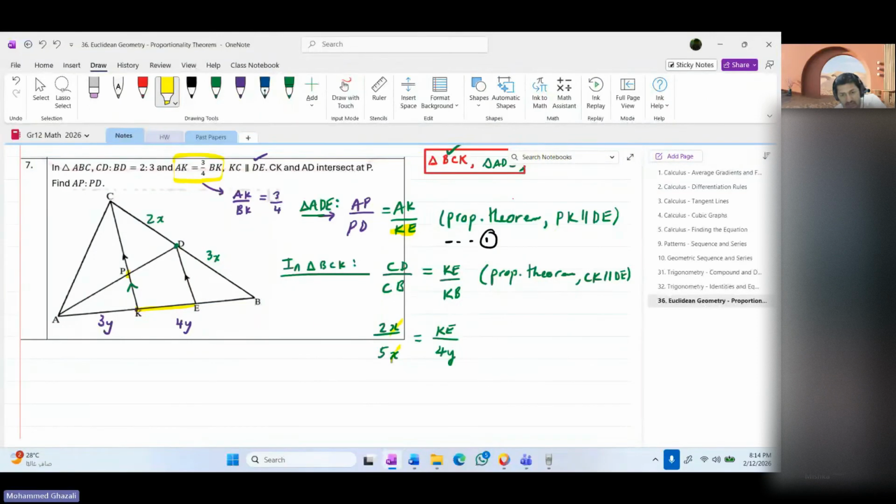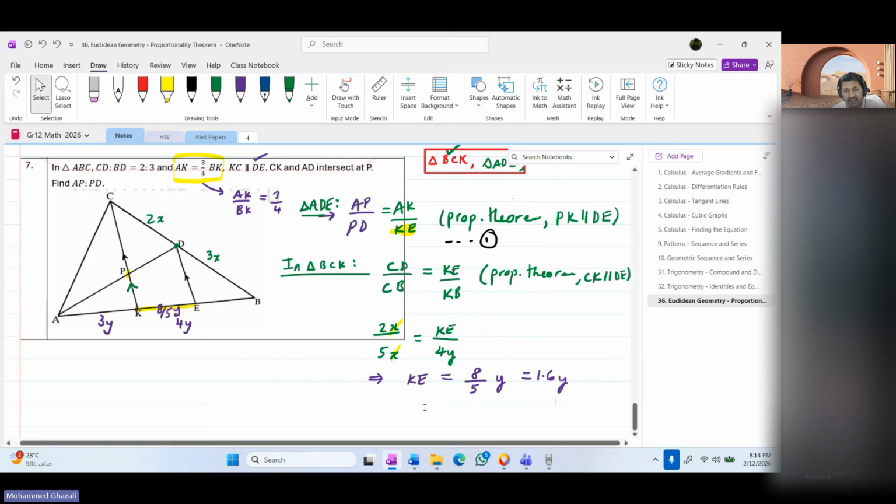Remember the x's cancel out. And 4 times 2 is 8. So KE is 8 over 5y. So what is KE? 8 over 5y. You can write 8 over 5 or you can write 1.6y. Doesn't matter, because this can be simplified into a nice decimal fraction. Okay, so we got KE.